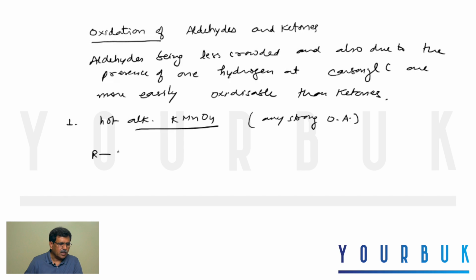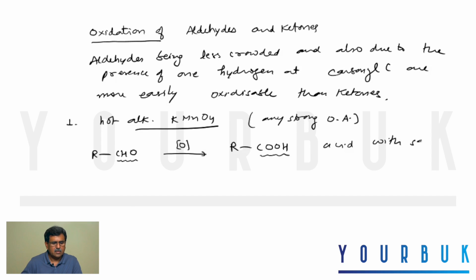Now if you are using an aldehyde, look at the aldehyde group only. The aldehyde group can be oxidized with any strong oxidizing agent to a carboxylic acid. So it gives the acid with the same number of carbon atoms.